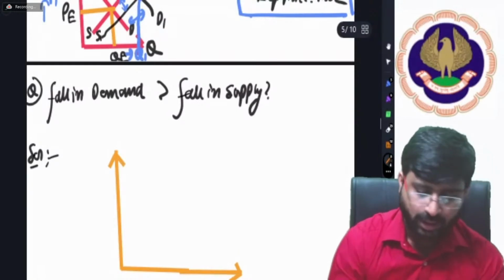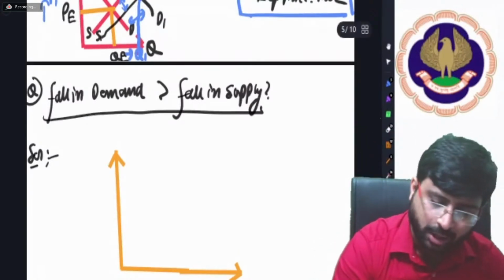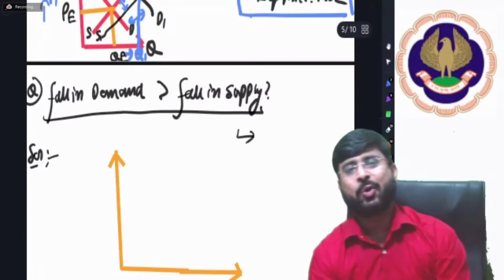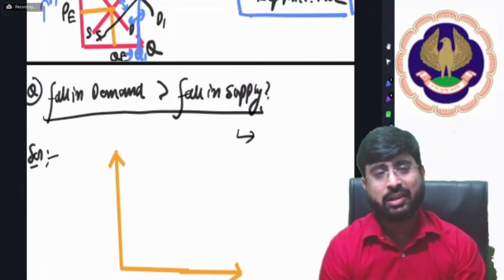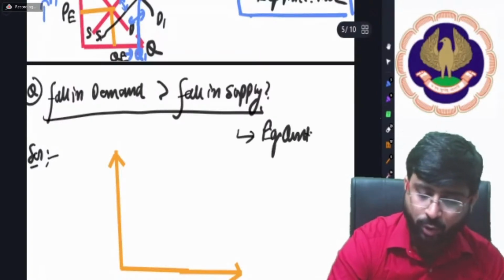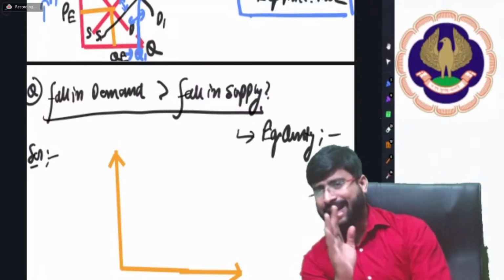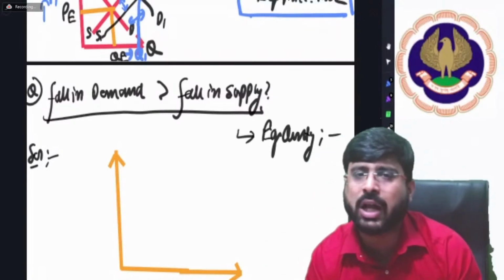Achha, before I draw the diagram, my question is, one thing sure about equilibrium quantity. What will happen to equilibrium quantity? We'll come to price later on. At least predict equilibrium quantity.